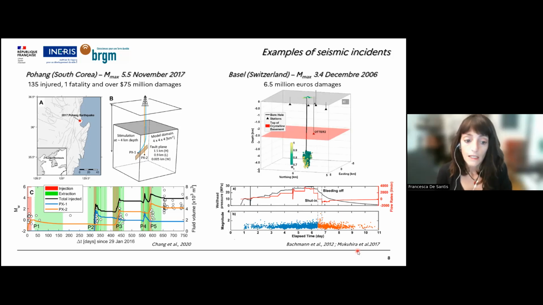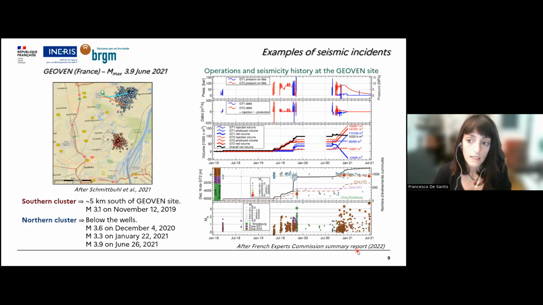In France, the most recent seismic incident is related to the GeoVen project in Vendenheim, close to Strasbourg. Here, the first felt seismicity occurred in 2019, more or less 5 kilometers south of the geothermal doublet.